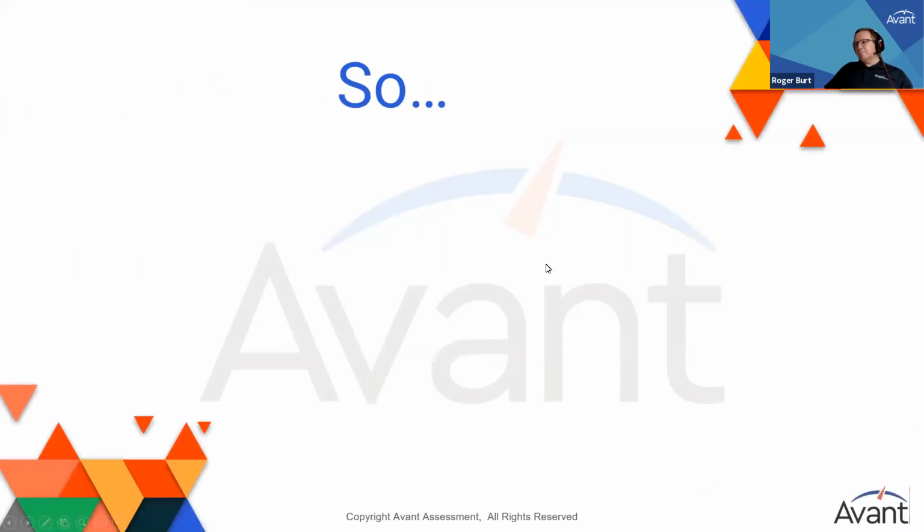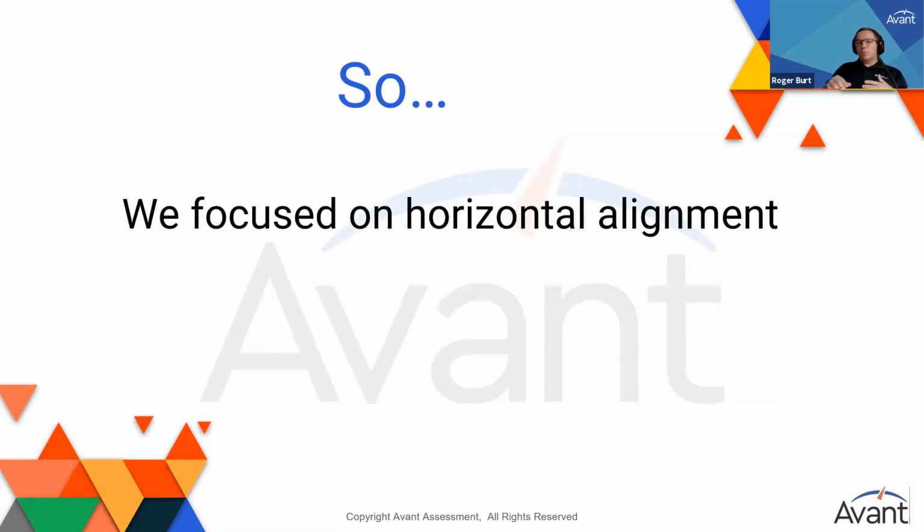So at our school, we decided that if we wanted to tackle vertical alignment and the transition from one school to the next, we needed to make sure that we had our horizontal alignment really down well. So we started collaborating even more. We would look at the proficiency guidelines together.